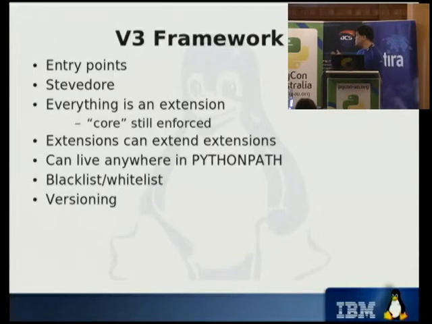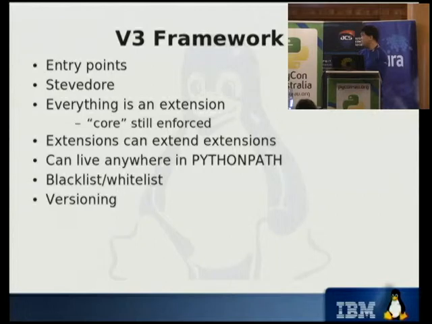In terms of installing extensions, they can live anywhere in the Python path now because they're implemented through entry points. So you can have packages which contain just an extension, and you can install it that way. You can blacklist and whitelist API extensions, which means you can say, I don't want this list of certain extensions ever to get loaded, and here's a whitelist.